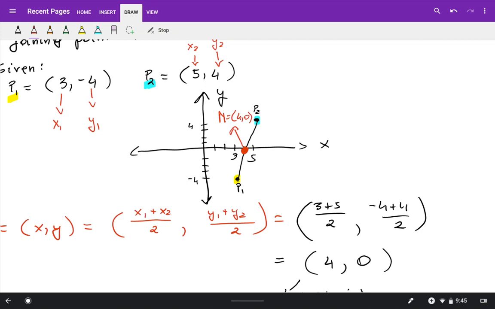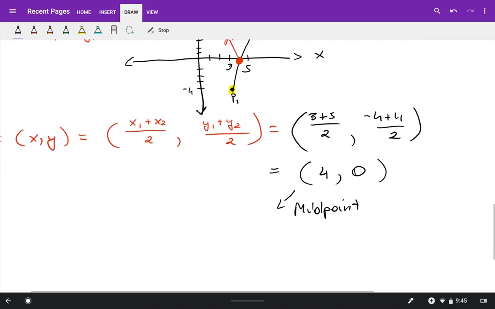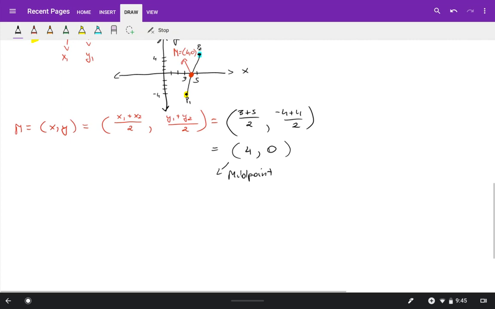So that's the point in the middle. A nice formula to use. I think those two problems were good so far. You just have to plug into the formulas.